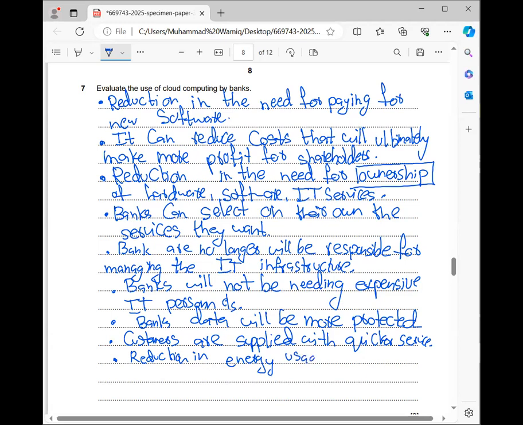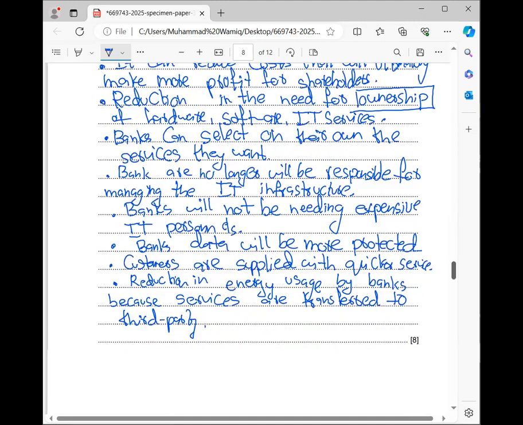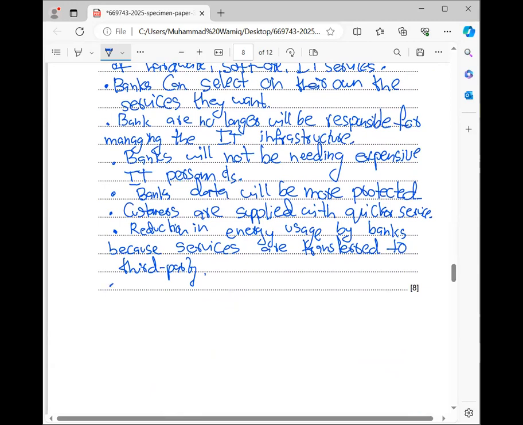How is that? By banks, because services are transferred to a third party, which means that they are now managing them. I can also write here that it is more environment friendly as well.